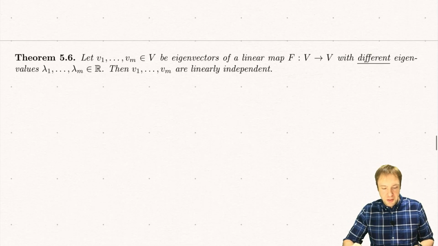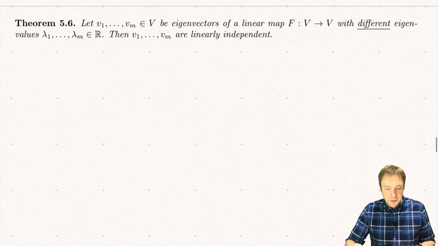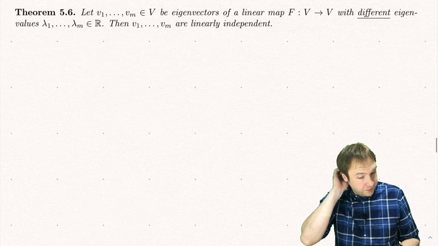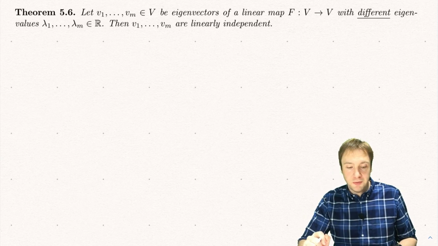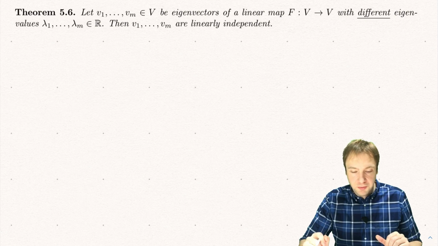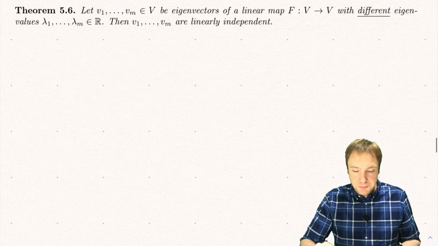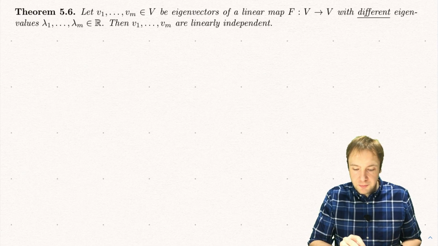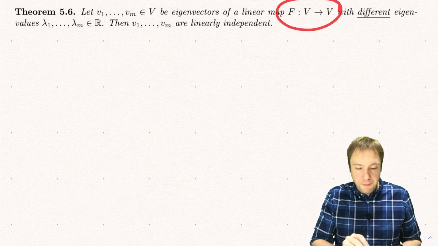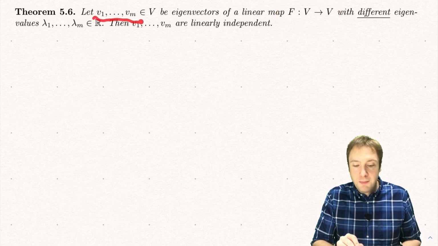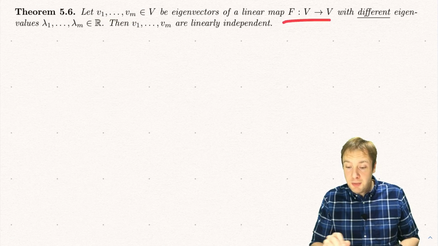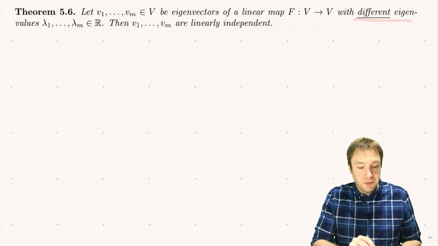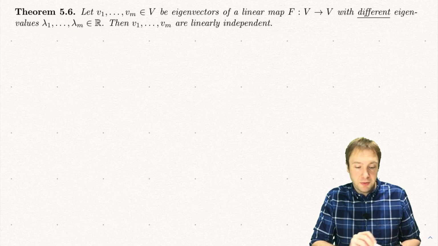Okay, so now we want to make some statement about the linear independence of eigenvectors which come from different eigenvalues. So now let's assume I have a linear map F, and now I have m eigenvectors, v1 to vm, of this linear map F, which are all eigenvectors to different eigenvalues lambda 1 to lambda m.